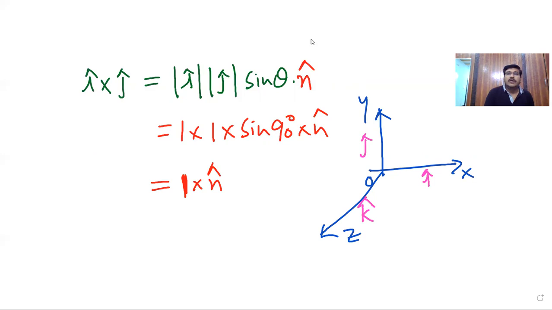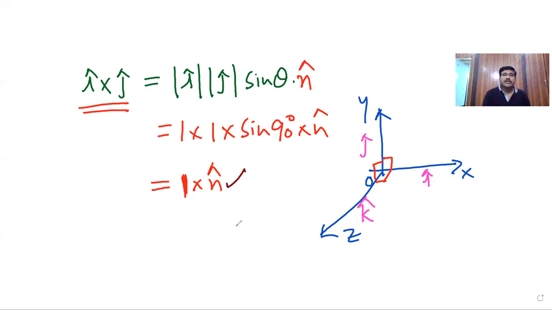The angle between all of them is 90, 90, and 90. Ortho. Clear? Now, what I need is I bar cross J bar.